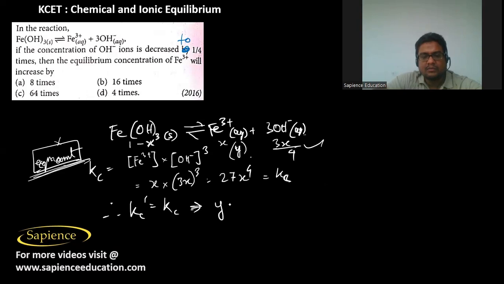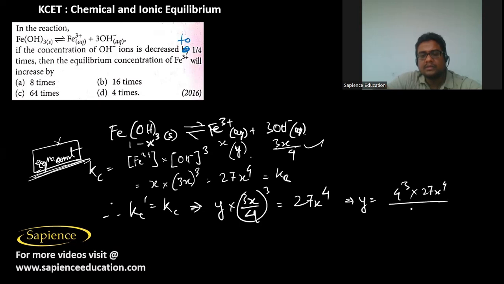Now the new value will be y into 3x by 4 whole cube. That will be equal to Kc, that is 27x power 4. So y will be equal to 4 cube into 27x power 4 divided by 27x power 3. So 27 will cancel out. So this is 64x.